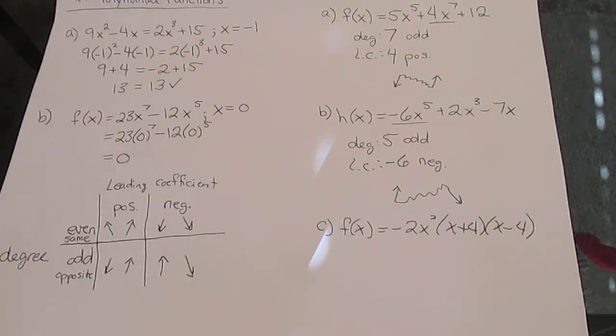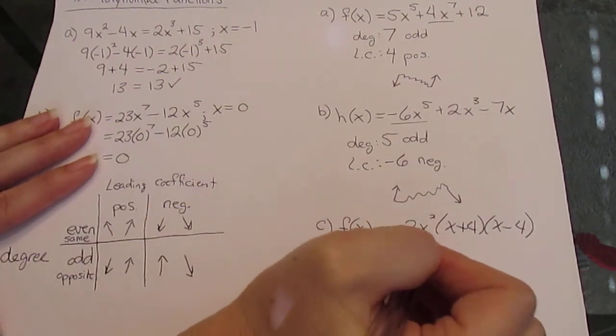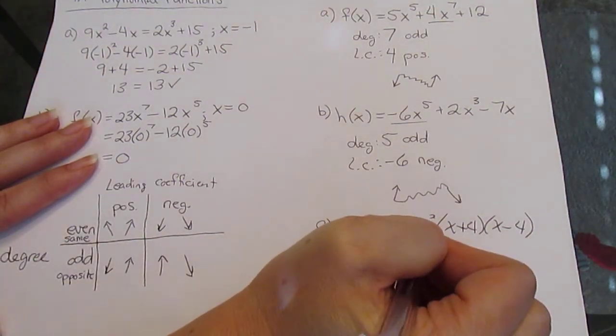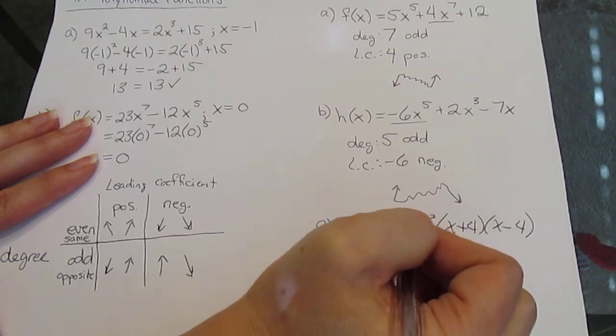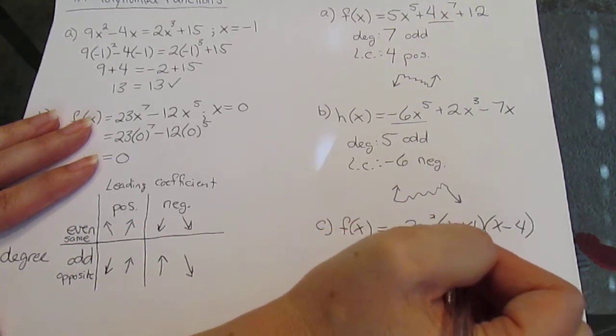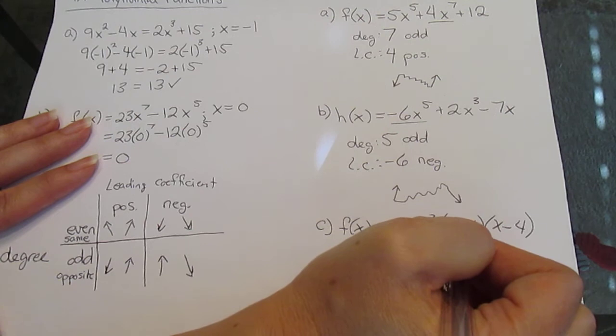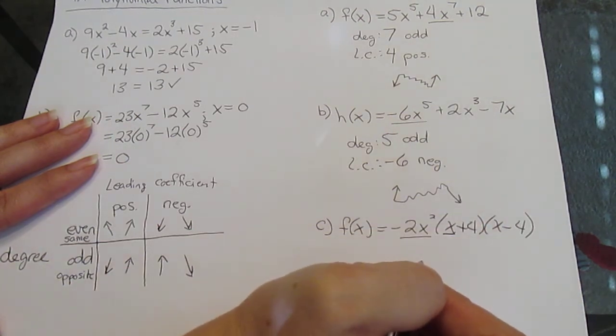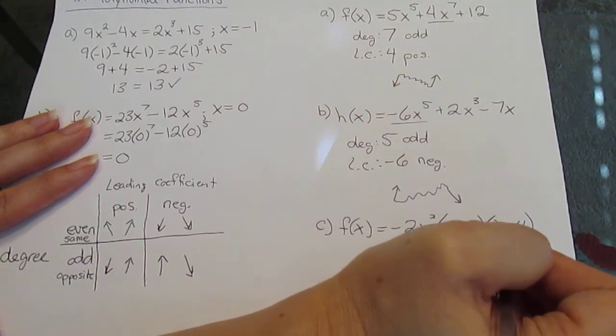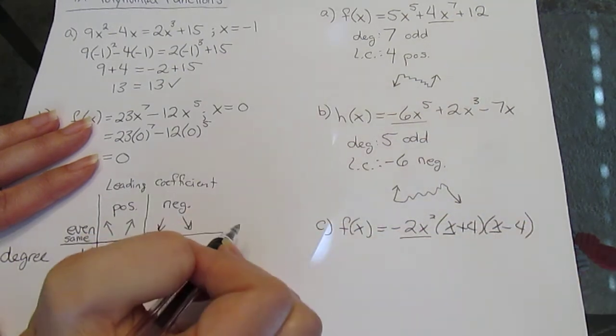Or there is a shortcut. You don't have to multiply it completely out. Look at each of the factors. This factor only has one term, so I'm going to have to use this term. This factor, this is the term with the highest exponent. And in this factor, this is the term with the highest exponent.